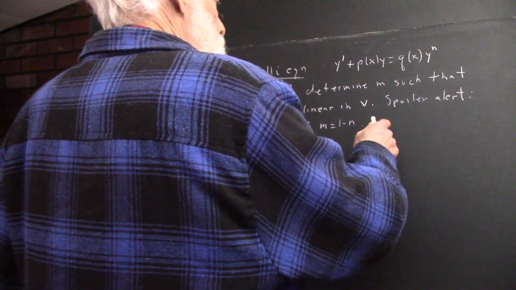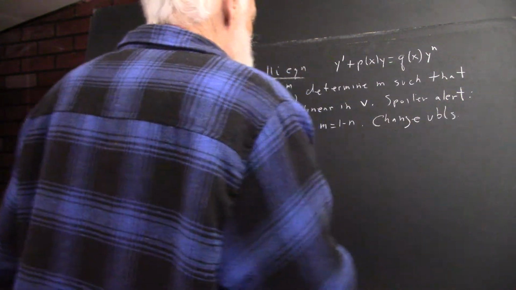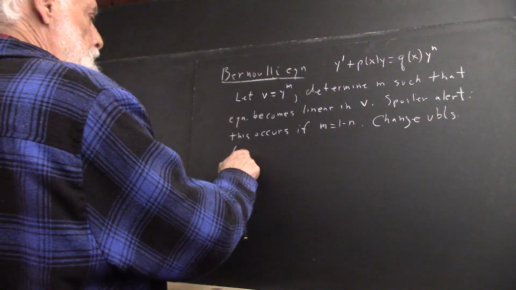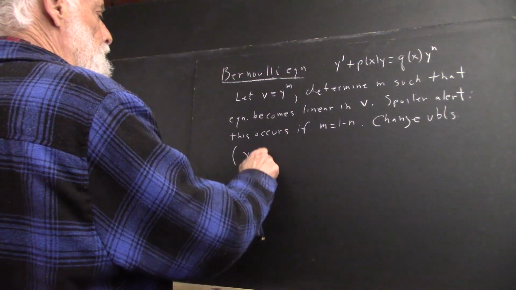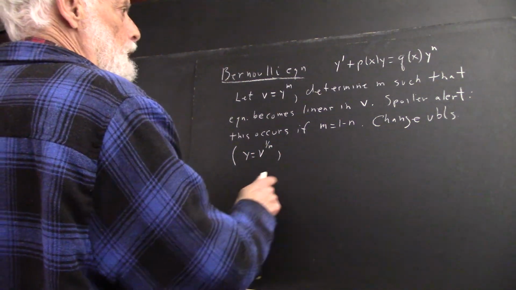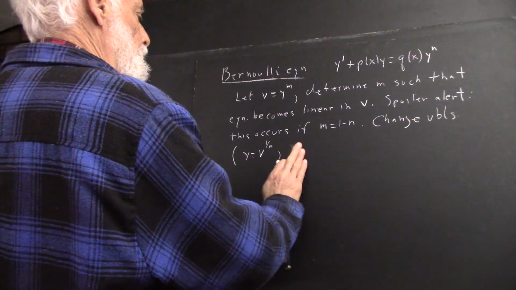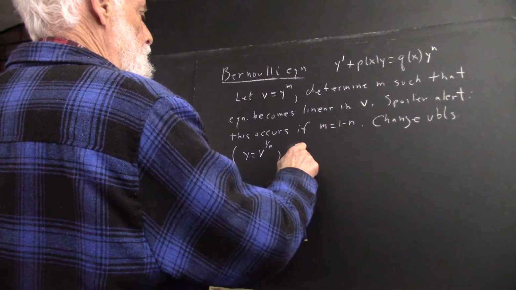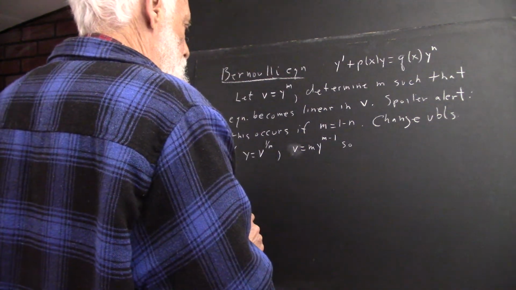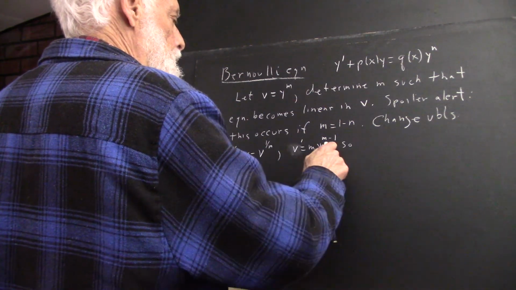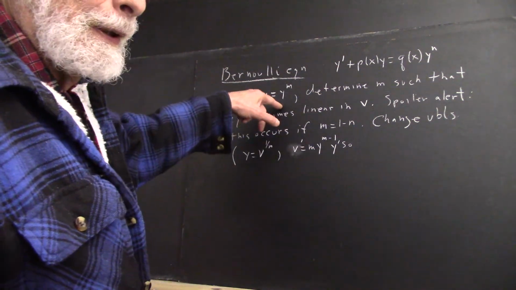So then you just change variables, and the change of variables is that y equals v to the 1 over m. v, I better write it down, equals y to the m. v prime equals m y to the m minus 1 y prime.